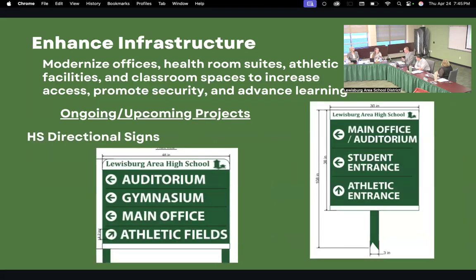Next week, we have some signage going to be put up around the high school, directional signs that we're calling them. So on the road itself, right out here, there's going to be a taller sign on both directions, telling you which entrance to go into. Twice in the last 2 weeks, just walking around the athletic facilities, I've run into a parent or a visiting team that weren't sure how to get back to our turf field.